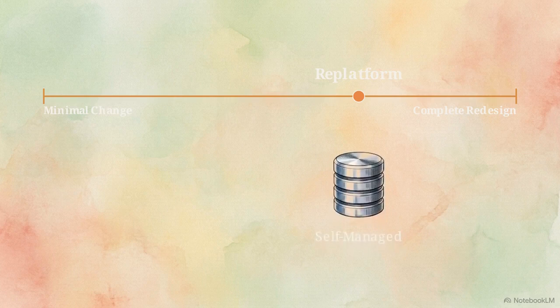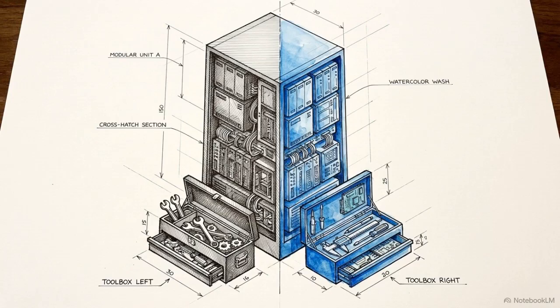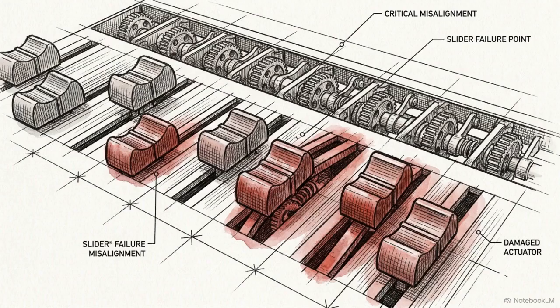Moving to the right, we find REPLATFORM, or lift, tinker, and shift. Here, the application moves to cloud infrastructure with minor optimizations, like swapping a self-managed database for a managed platform like Amazon RDS. This shifts the shared responsibility model. The cloud provider now takes over the patch management and maintenance of that specific managed component.